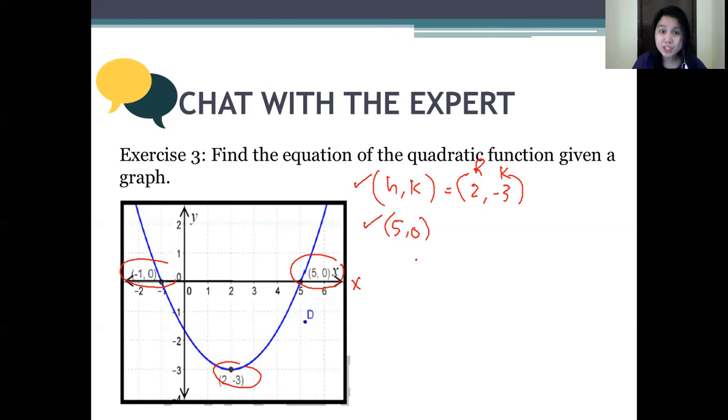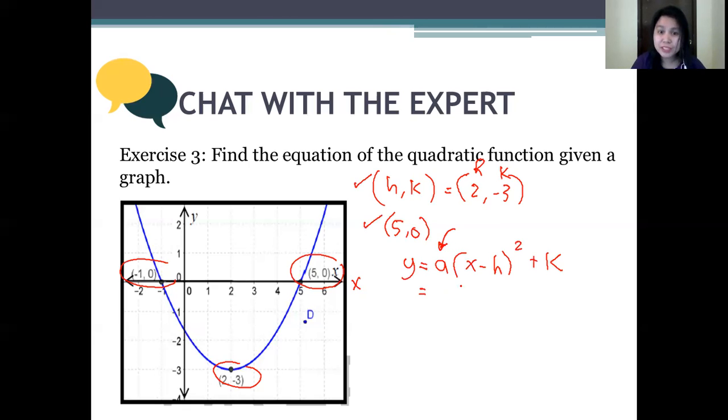So we will substitute these values in our vertex form. That's y equals a quantity x minus h squared plus k. Our output must be the value of a. Let us substitute.